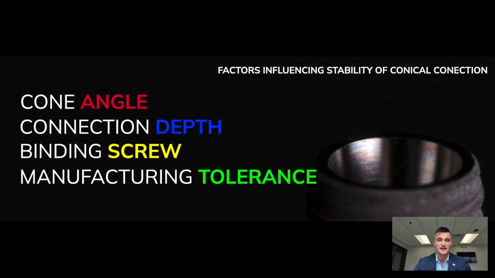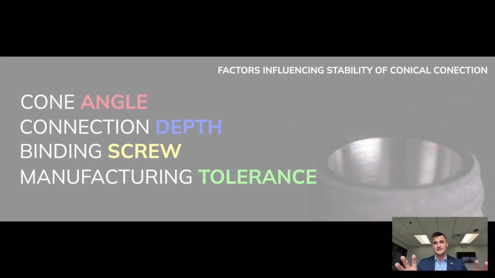But it depends on a few things. It depends on the cone angle, the angle of that conical connection. It depends on the depth of that conical connection. A deeper conical connection, called a deep conical, would be much more stable. It depends on the binding screw, and it depends on the manufacturer tolerance.